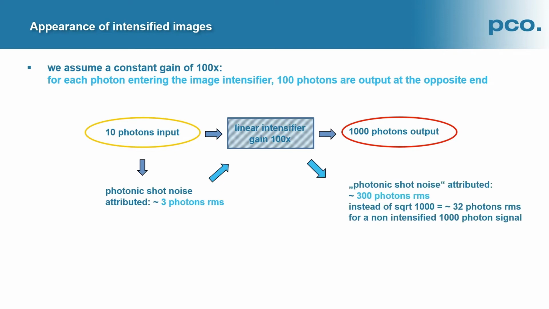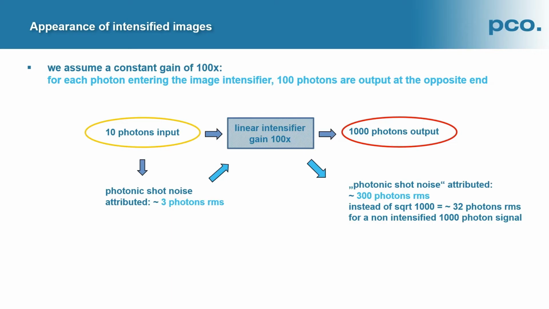What is the result? Now the photonic shot noise is around 300 photons root mean square. What would we have expected? We have a 1000 photon signal. We only would have expected 32 photons RMS for a non-intensified signal.